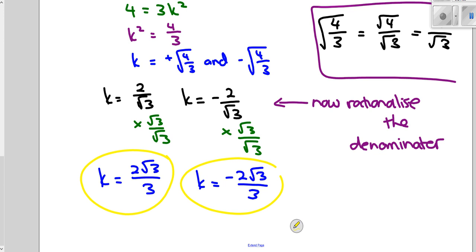There's just one theory that I found by looking into it: back in the old days, pre-calculator days, dividing by 3 is not such a hard thing to do by hand, but dividing by something like 1 point blah blah blah is really hard to do. So it's a bit of a hangover from the non-calculator days. In a way, it's one of those bits of maths that's maybe a bit obsolete these days.